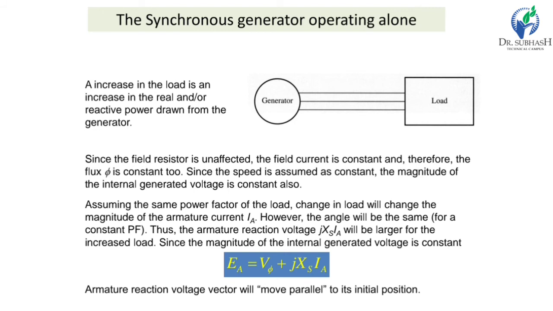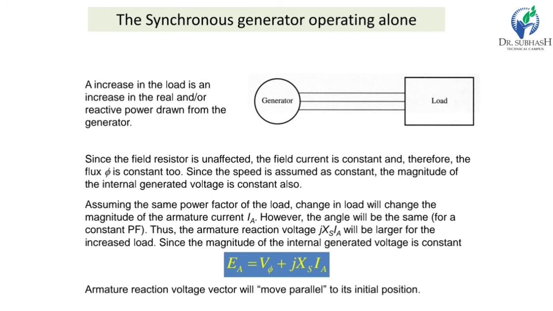So the armature reaction voltage is also increased, but still has a similar angle as before. So we can write that EA is equal to V phi plus jXs into Ia.